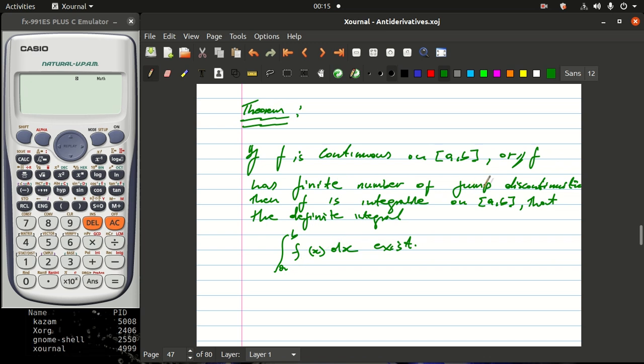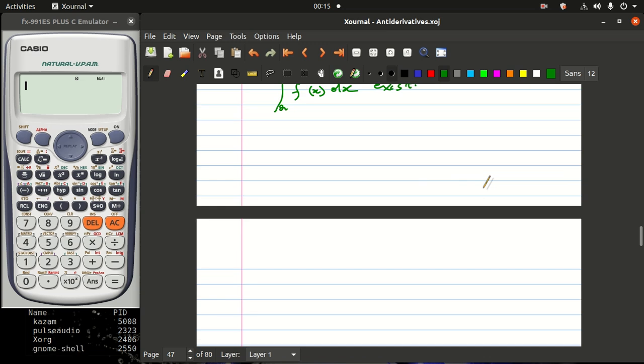Or if f has a finite number of jump discontinuities, then it's guaranteed that you'll have a definite integral. Let's say, for instance, I'm just going to give you a quick example here. If you have a function like this, and here you have a hole, then up there is shaded, and then at this point this function is increasing like that.